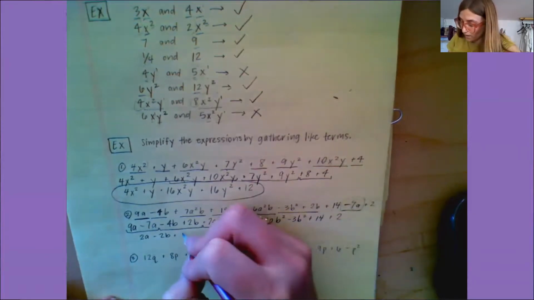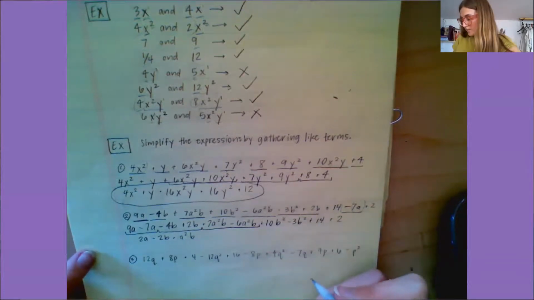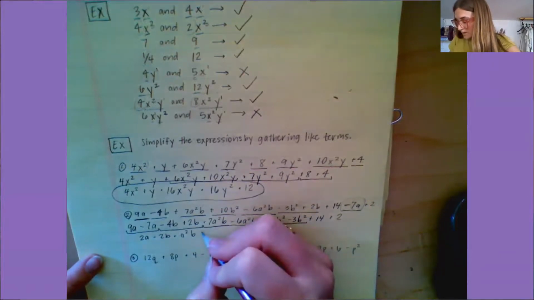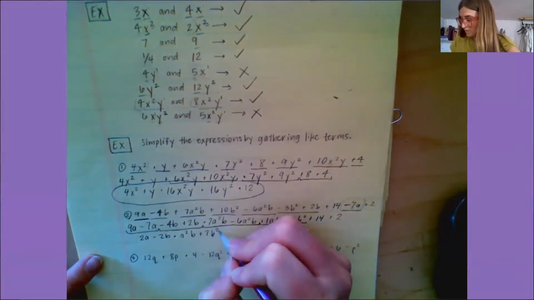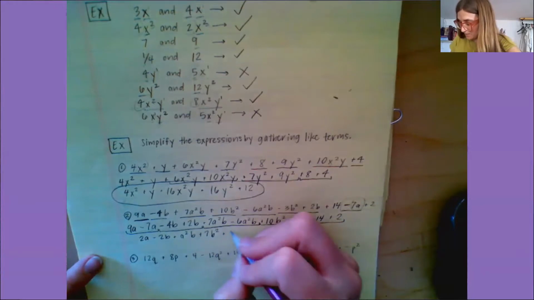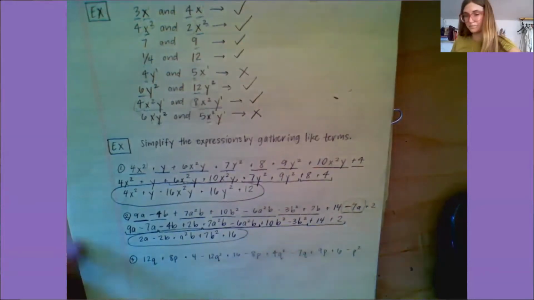So I can just write a squared b. I don't need to write that 1 there. And then 10b squared minus 3b squared gives me 7b squared. And then 14 and 2 give me 16. And that's my simplified expression.